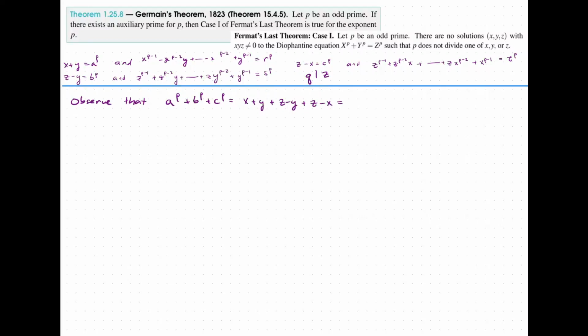We have that the x's cancel, the y's cancel, and we're just left with 2z. But now, z is congruent to 0 mod q. So thus, we have that a to the p plus b to the p plus c to the p is congruent to 0 mod q.